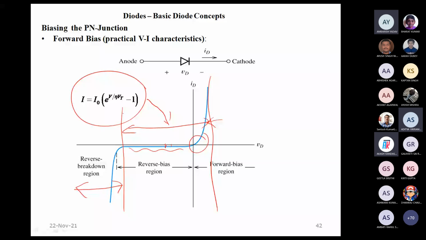There may be a generation of electron hole pairs, and the electron hole pairs thus generated may be too large in number, and they may result in a very large current. Also, one can say that the energy of the electrons and holes in the N and P regions may become too large due to this field, and they may attain very large velocities, collide with the bonding electrons, and impart energies, thereby breaking the covalent bonds.